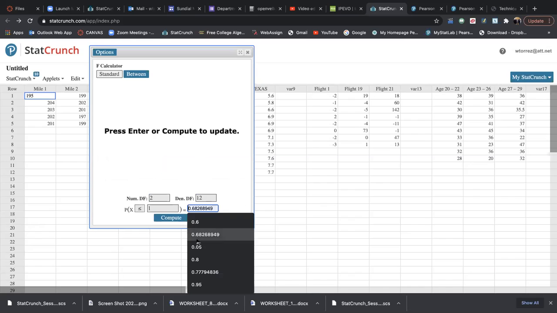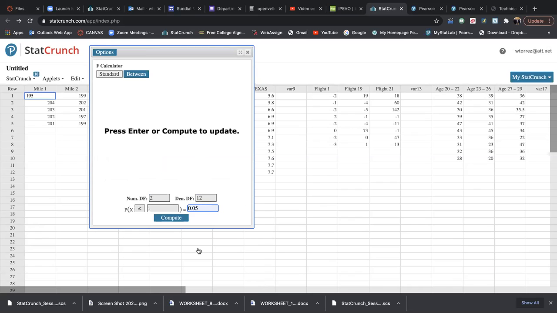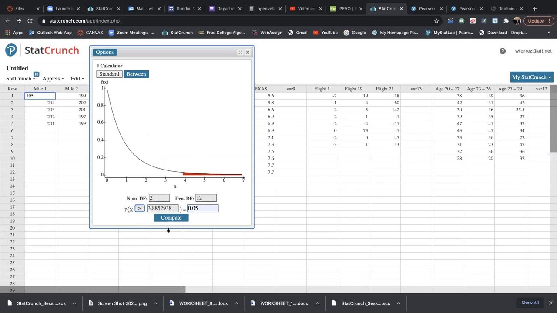We'll specify 0.05 area in the right tail, and we'll reverse our inequality there so that the shaded area represents the area to the right of this critical value, about 3.9. Okay, so here's our critical value given to us using the FStat calculator.